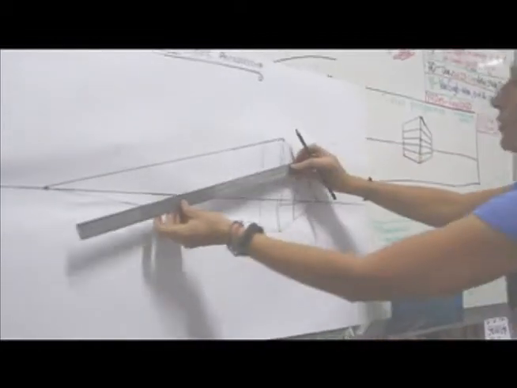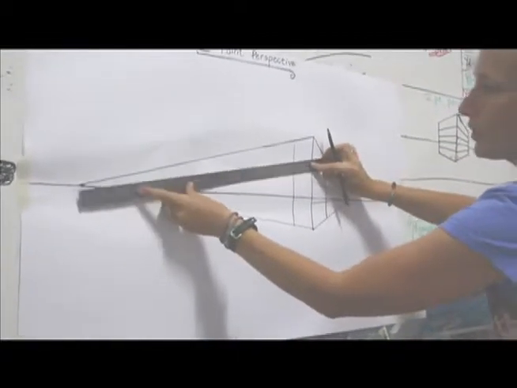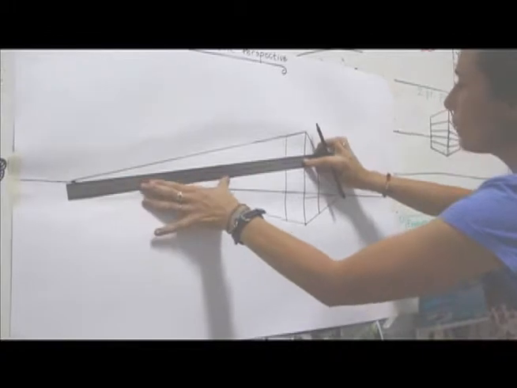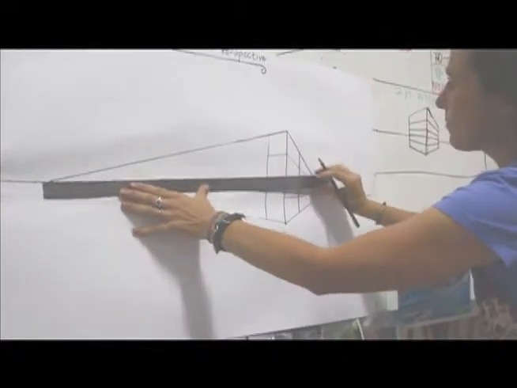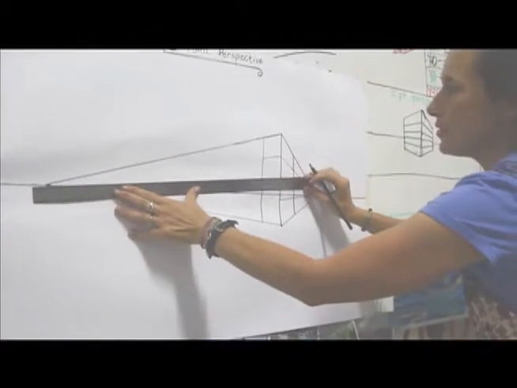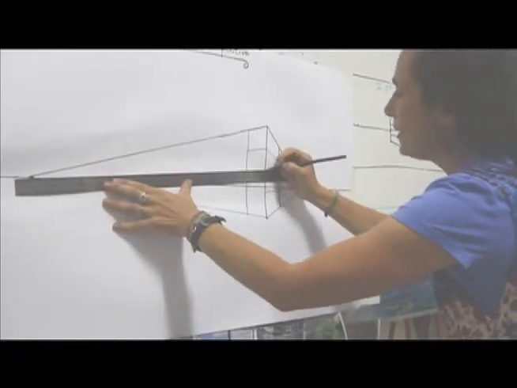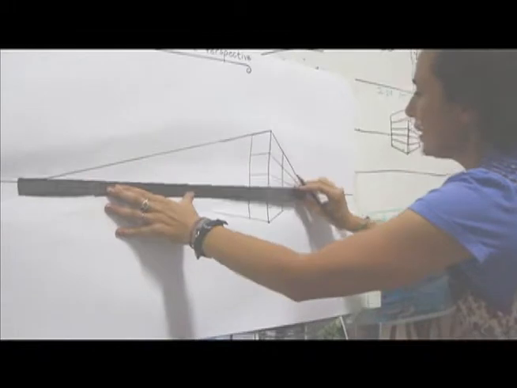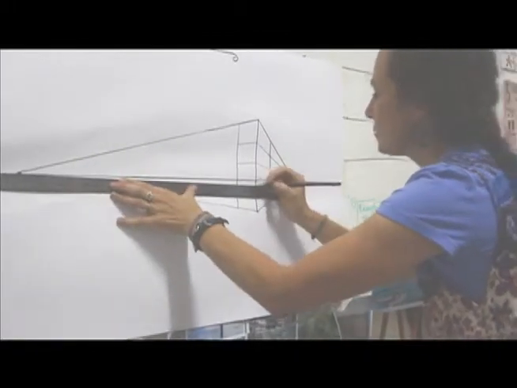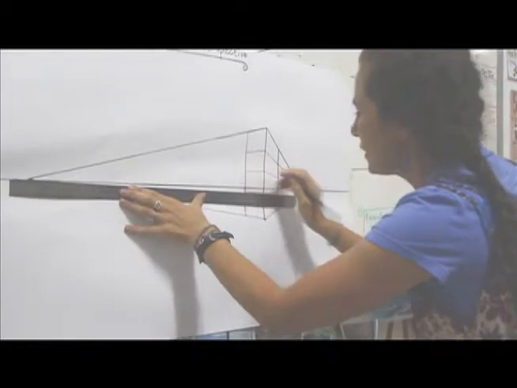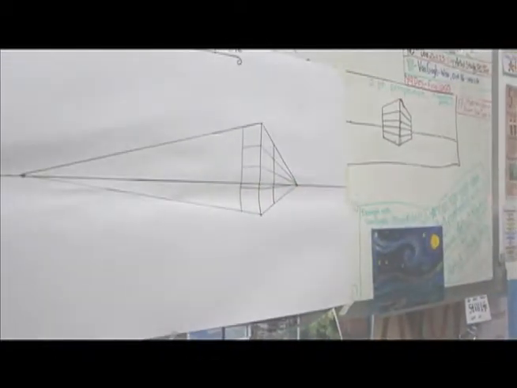Then you want to follow them across and go to that other vanishing point. Now I'm working a little fast. You guys can slow down and go at your own pace. As long as you understand this concept, you can change your building, add the dimension you want, add the details you want afterwards. I just want to make sure you understand this concept by doing two more buildings, okay?